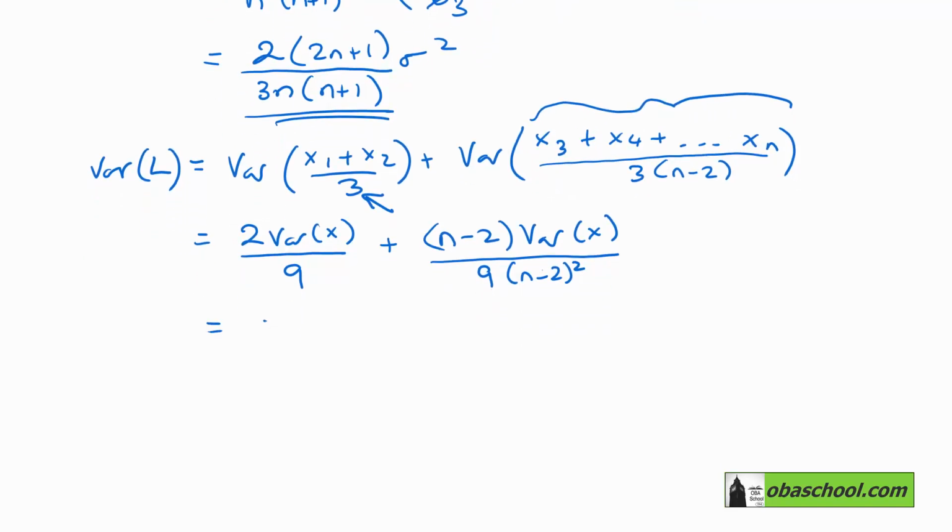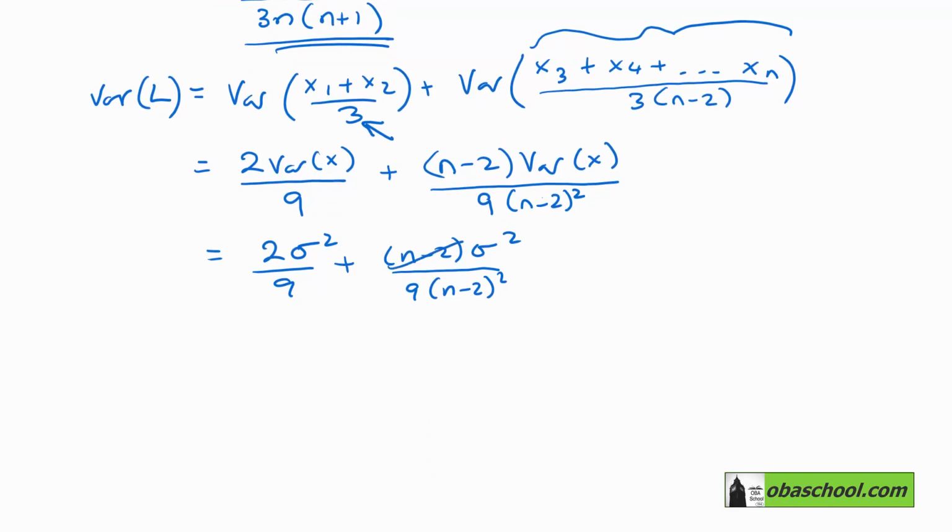Now we can change those to sigmas. So 2 sigma over 9 and n minus 2 sigma over, sorry, it'd be sigma squared, won't it? Over 9 n minus 2 squared. And of course the n minus 2's will cancel like that.